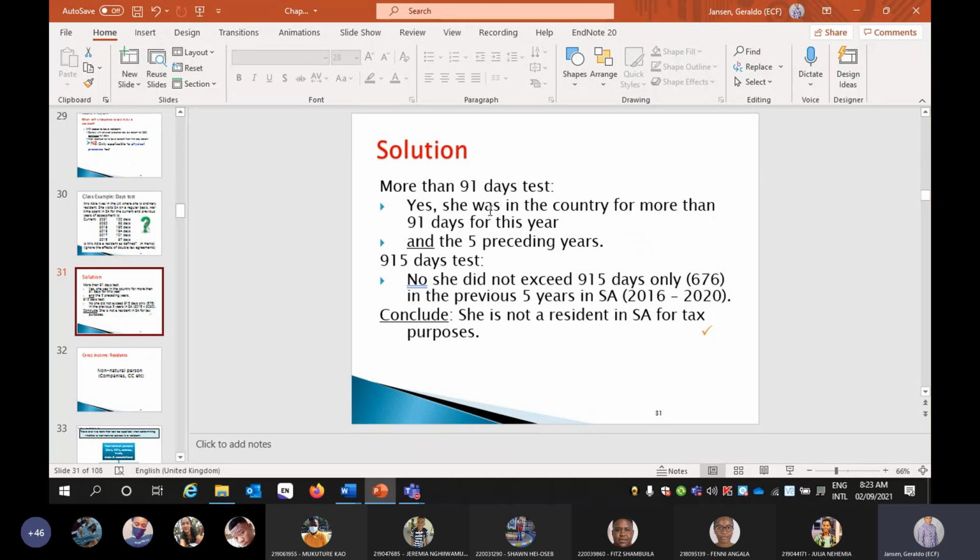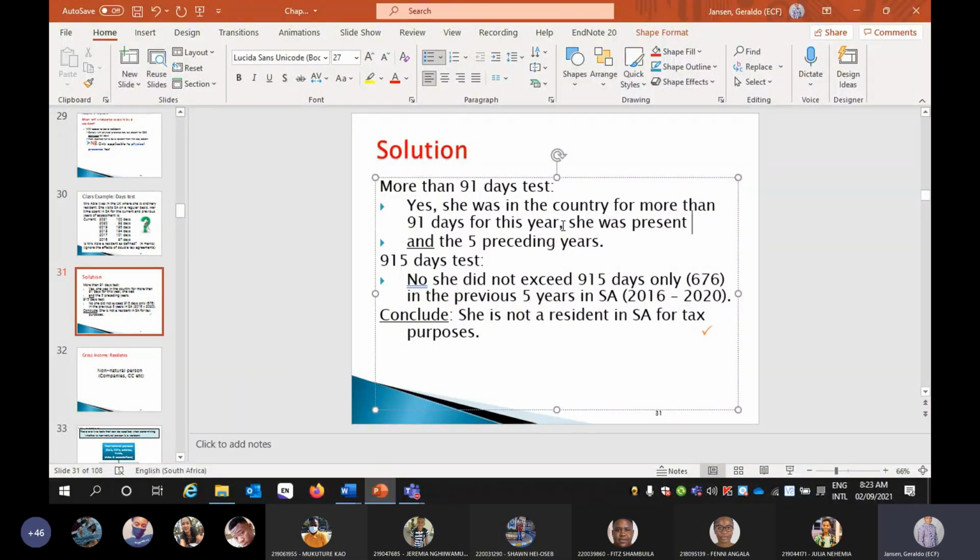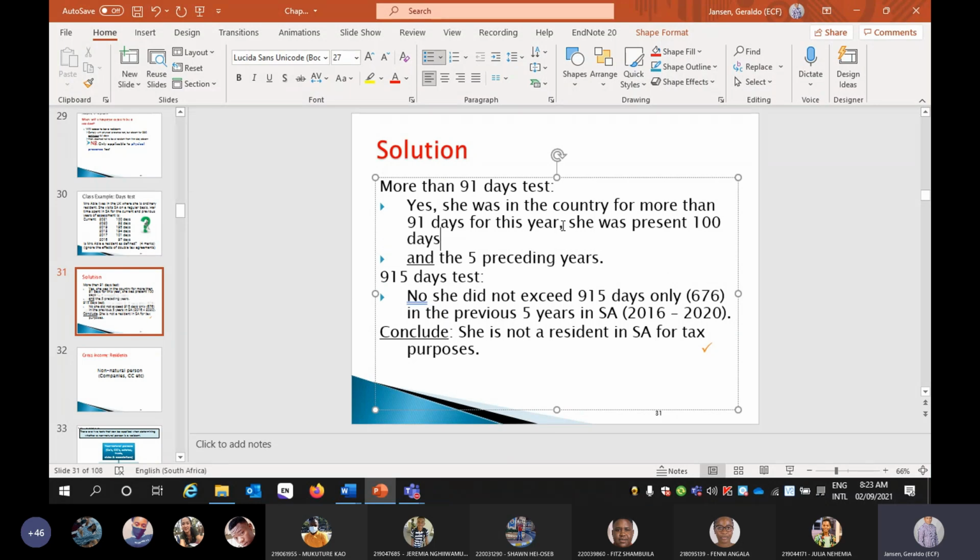So say, yes, she was in the country for more than 91 days for this year, and I want you to link the facts with the theory. So tell me, she was present for 100 days. So link the two. I don't want you to just tell me, yes, it was met. Tell me, how did you determine that it was met?